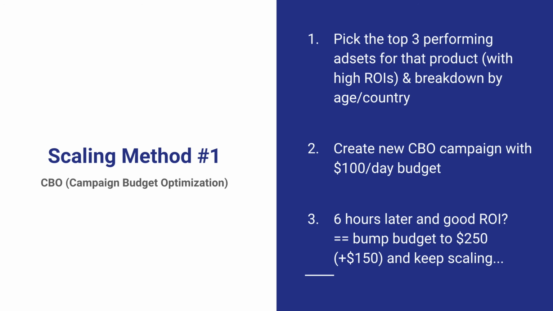So I pick the top 3 performing ad sets from the first testing campaign. If I have only two ad sets, that's fine. Pick these top performing ad sets from that testing campaign, and break down by age and country.